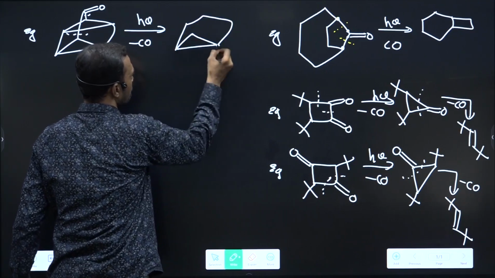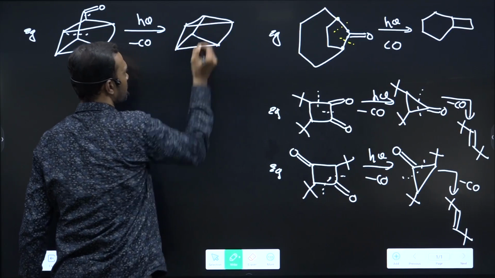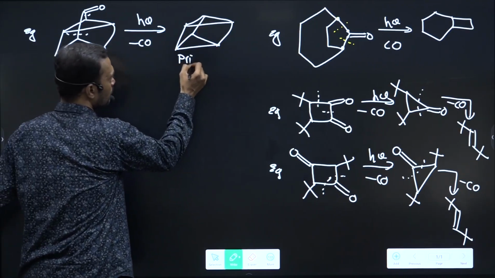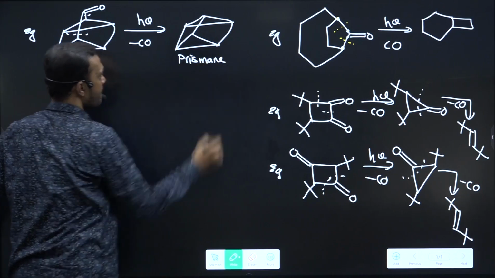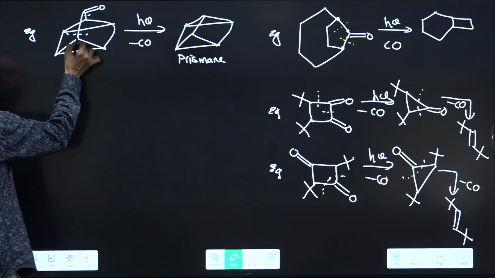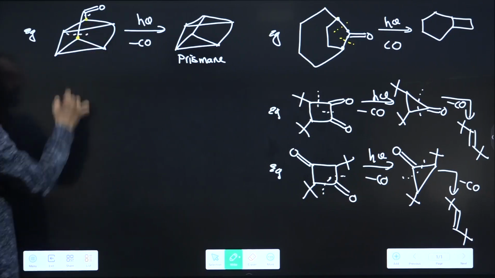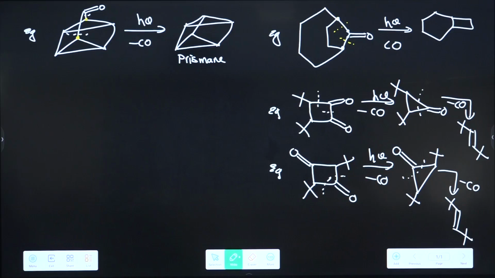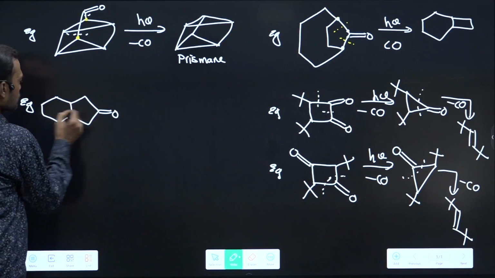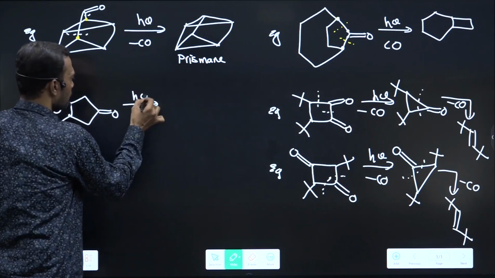So this one remains the same, and this bond will be connected. This is called prismane. Loss of CO, these radicals combine together and form a single bond. So this is benzene.